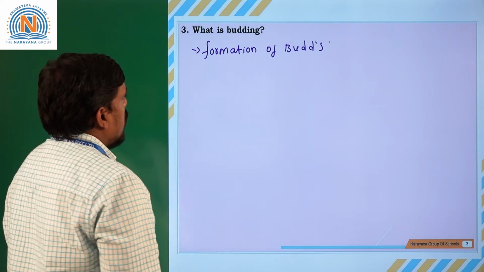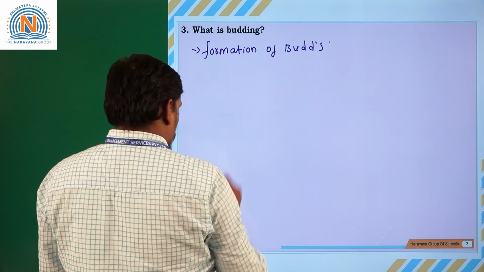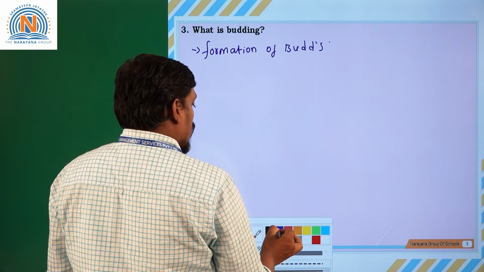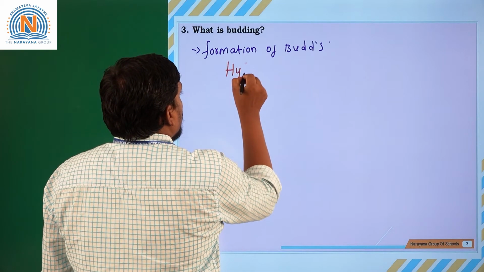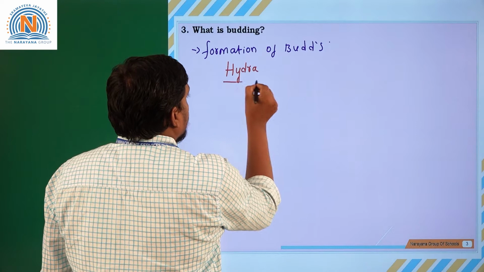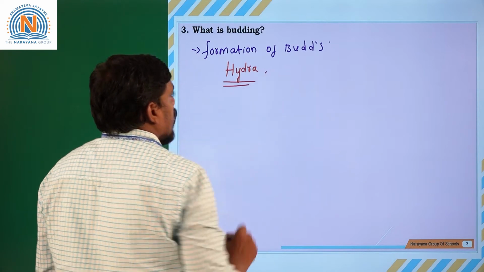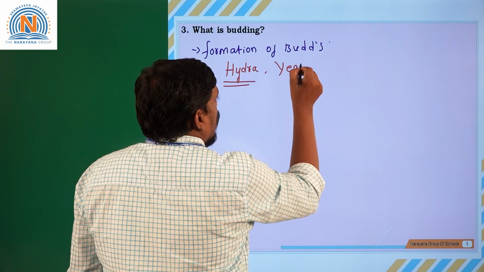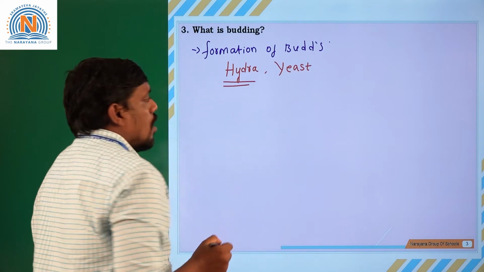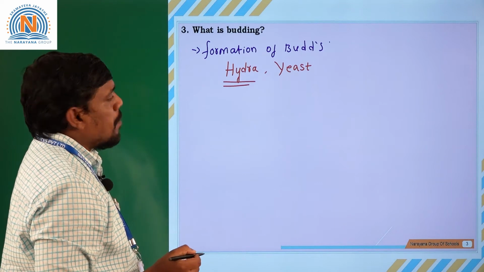So during the budding process, how do the buds appear on the surface of a living organism? Let us see. Budding is commonly seen in organisms like hydra, and also in yeast organisms.